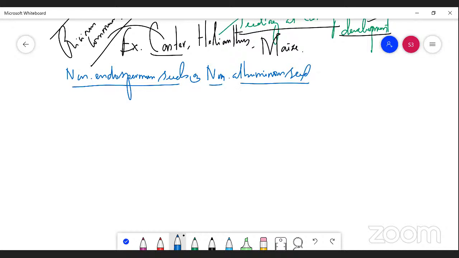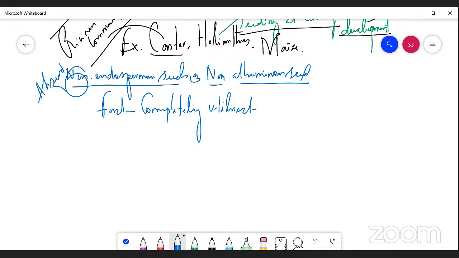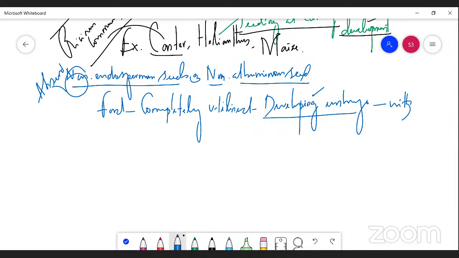Non denotes absent. Here the food is completely utilized by the developing embryo. So the mature seeds are without endosperm.